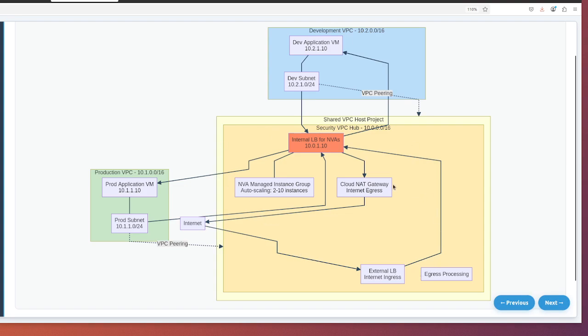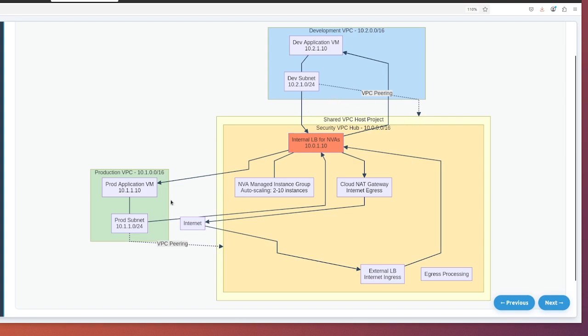This VPC contains all your shared security services, not just NVAs, but potentially also shared services like DNS resolvers, logging endpoints, or monitoring systems. Your application VPCs are the spokes. These contain your actual workloads, web servers, databases, application servers. Each spoke VPC peers with the hub security VPC, creating a star topology.